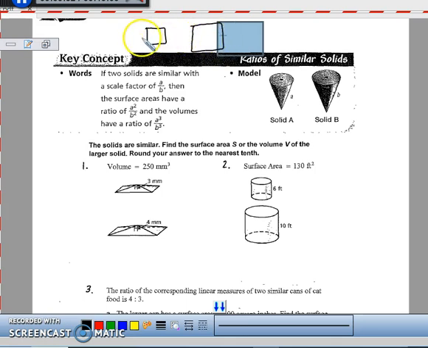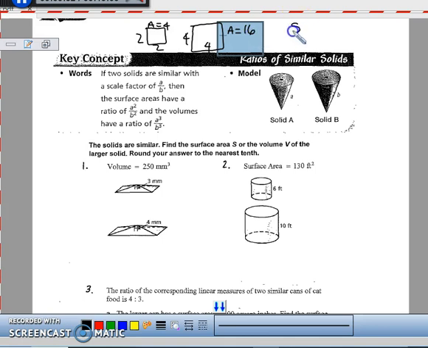Ignore that one over there. We're going to say this one's 2 by 2 and this one is 4 by 4. And I'm going to find the area of this. The area of this one is 2 times 2, or 4. And the area of this one is 4 times 4, or 16.